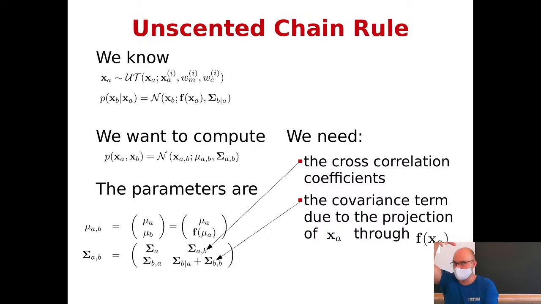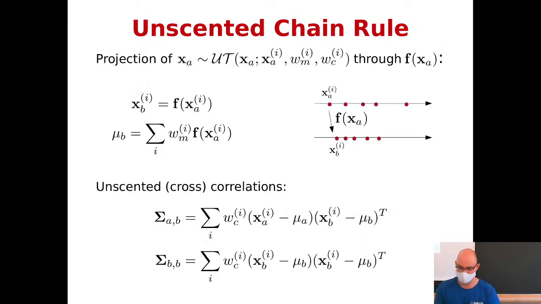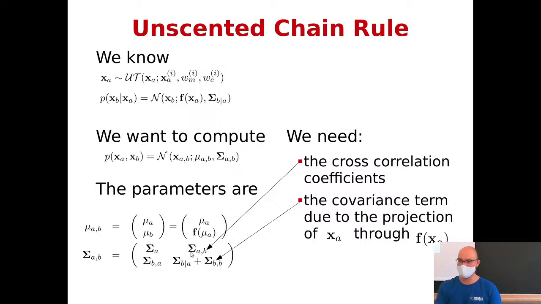Okay? This is the principle. It basically will be the sum of the outer products of the augmented sigma points. And this is exactly what happens, actually. So, we could simply say that sigma of A and B is just this block over here.